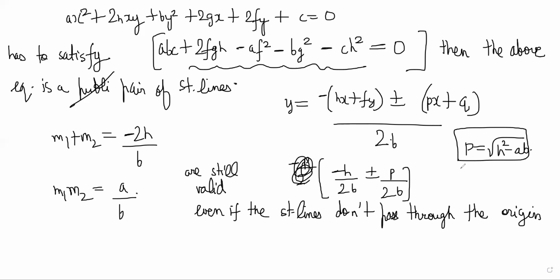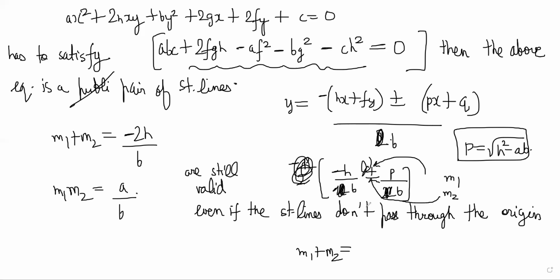Now notice that if m1 is the plus sign and m2 is the negative sign, then m1 plus m2 will be equal to what? Here we have minus h by b plus minus p. Is there a 2 here? There was no 2 here, it was just b.